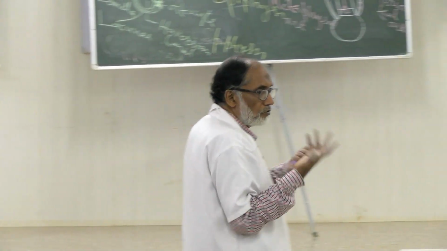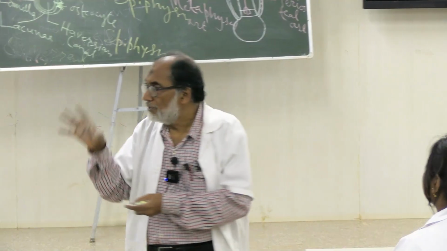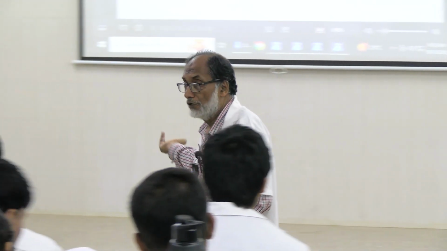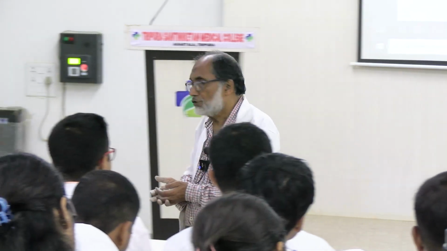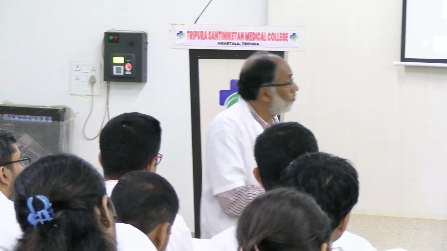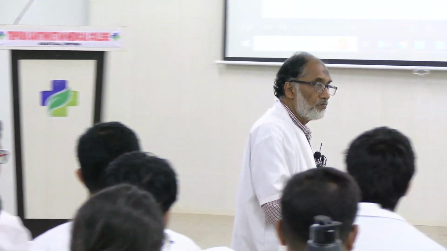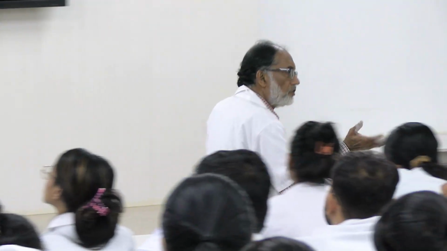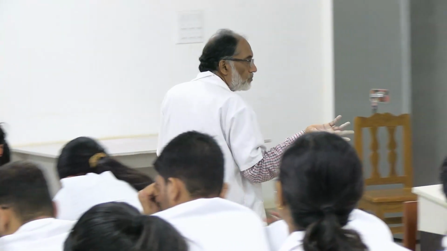In this way you can identify them. These are the cortical structures of compact bone. If you find the Haversian canal and these things, you should say it is compact bone, right?